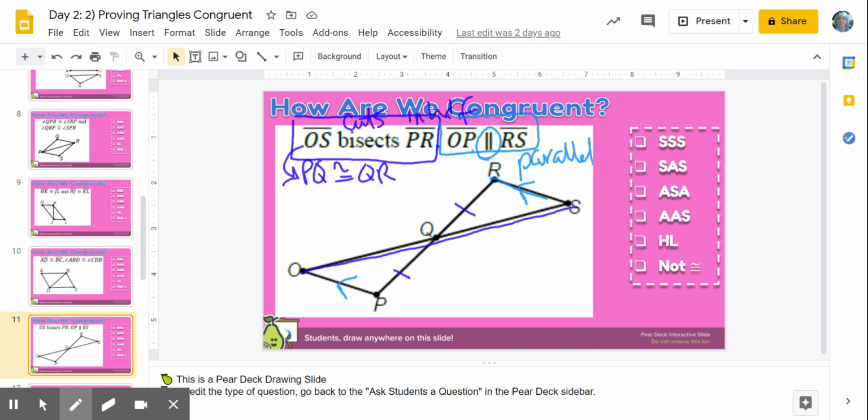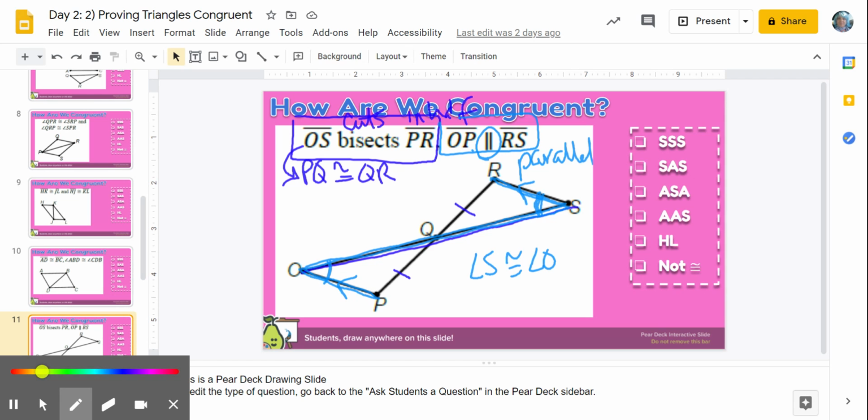So if I highlight that and make my Z, I've got angle S is congruent to angle O. I can go the other direction from S to R this way. And then angle R is congruent to angle P. Those are alternate interior angles, right?